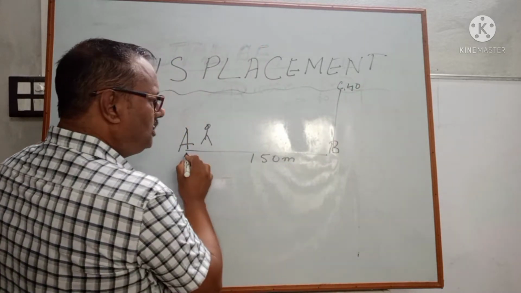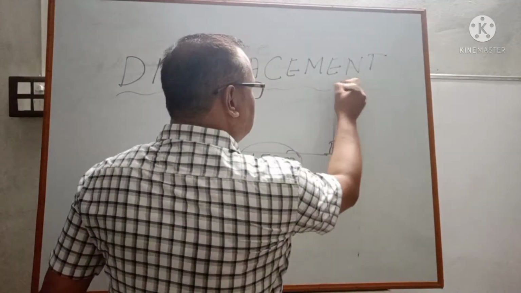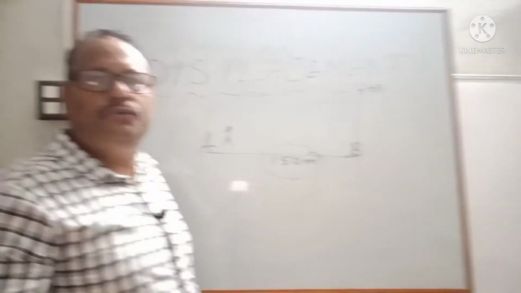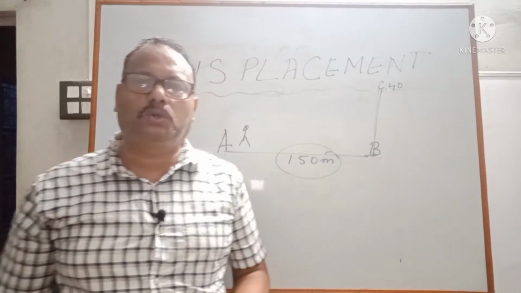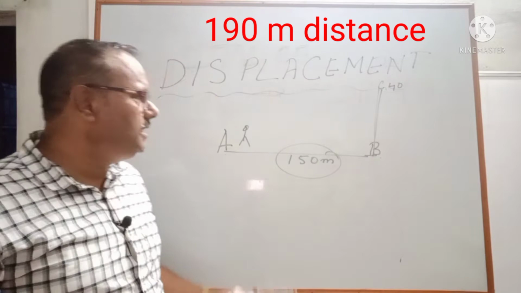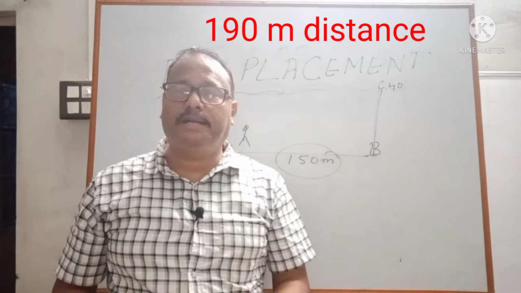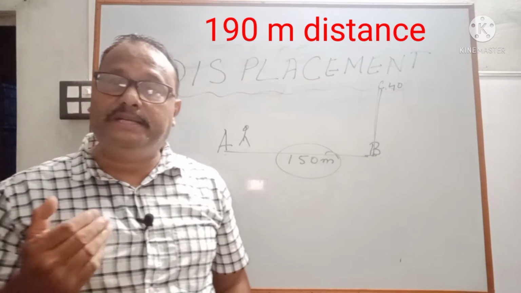Now from point A to B is 150 meters and from point B to C is 40 meters. If you take the total, the total distance covered by the object will be 150 plus 40 meters, 190 meters. That will be the distance.